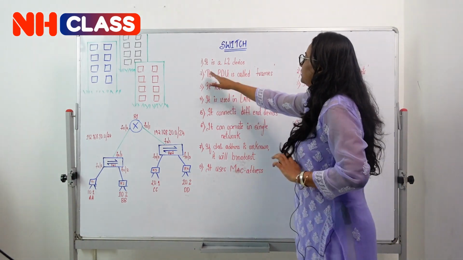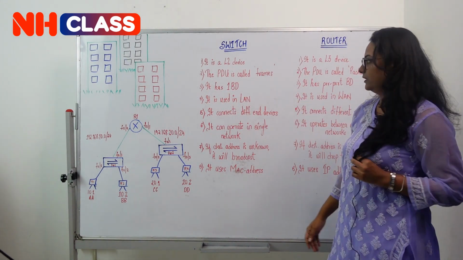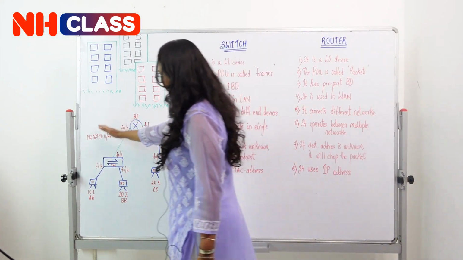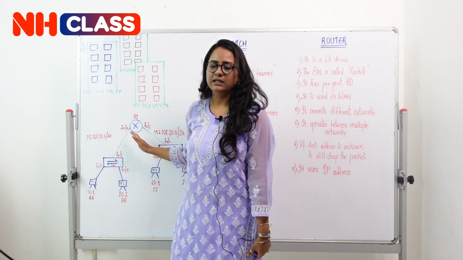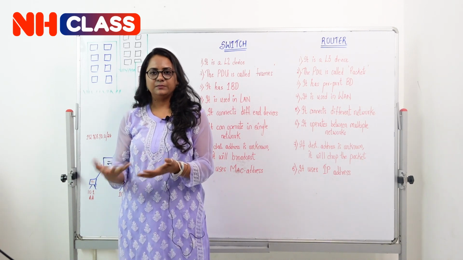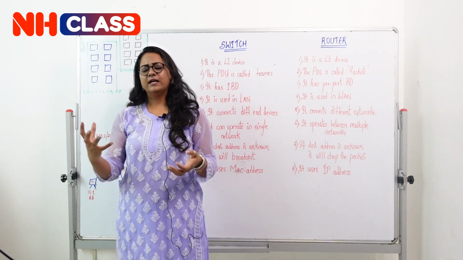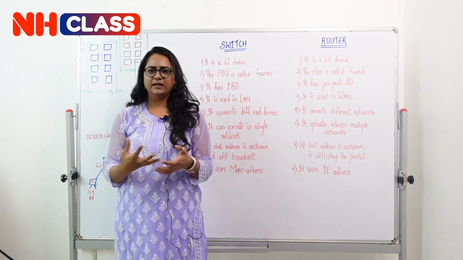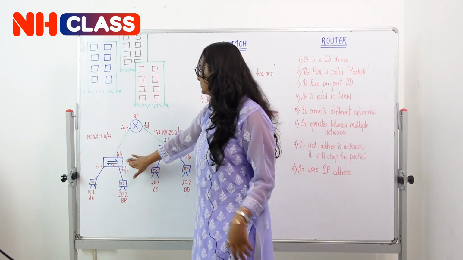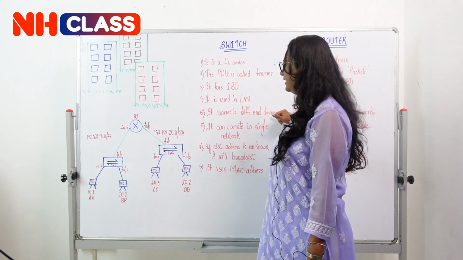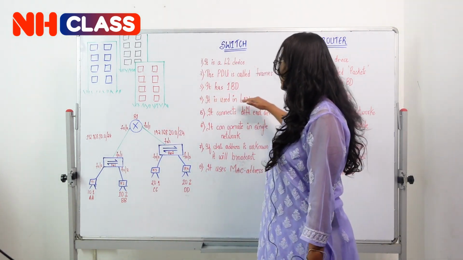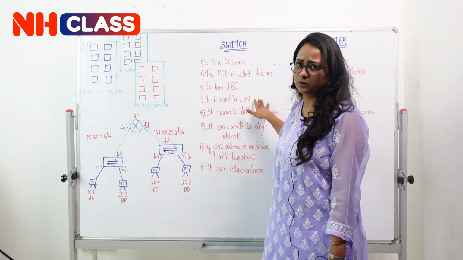Understanding that, a switch is used in a LAN network and it connects different end devices. As we said, this is operating in a single network, the same network. Suppose you have end devices such as a PC, a laptop, or a printer, and you want to connect all of them to a single network. For that, we require a switch. A switch is basically connecting different end devices to operate on the same network, which you can call a LAN, local area network.